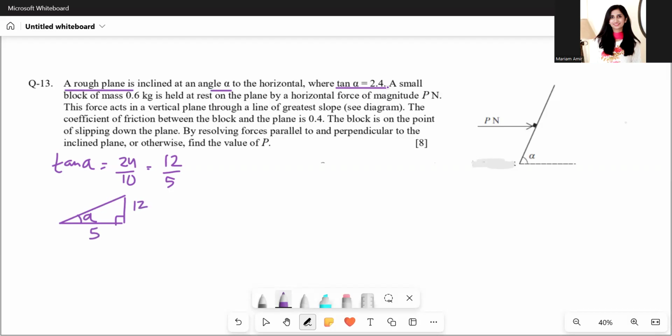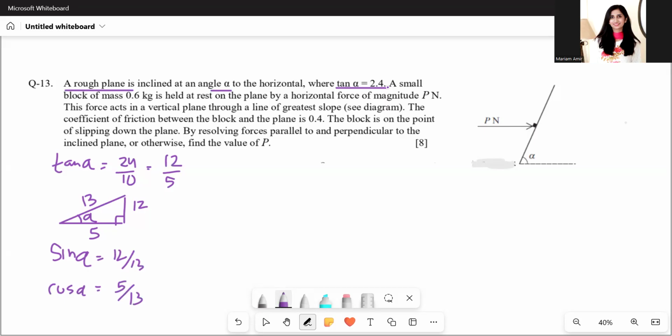You use Pythagoras and you should be able to get 13 for the hypotenuse. 12 squared plus 5 squared, square root would give you 13. So that would mean that sine alpha would be opposite over hypotenuse, cos alpha would be adjacent over hypotenuse. Okay, so now we know sine alpha and cos alpha as well.